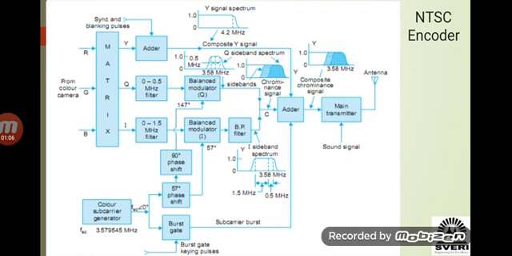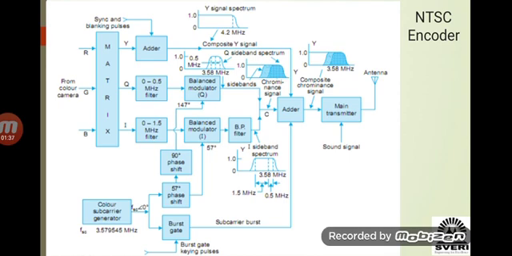Now NTSC encoder we have seen where we have used two kinds of signals, that is signal I and Q, and both these signals are mounted on the same carrier signal with the help of quadrature modulation. Now when we go for modulating two different signals on a single carrier, obviously we phase shift the carrier frequency by an angle of 90 degree, and then only we go ahead with the modulation.